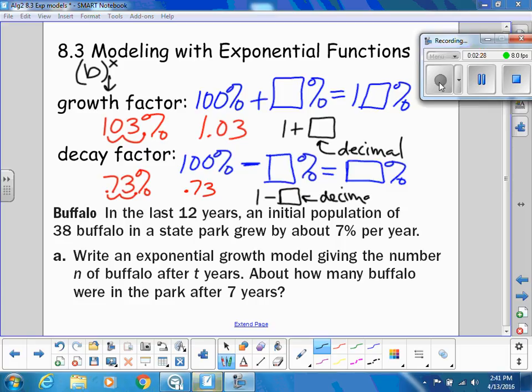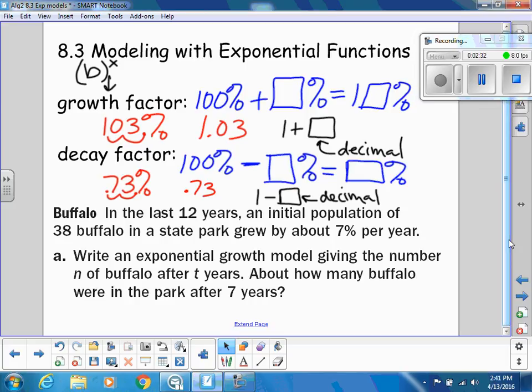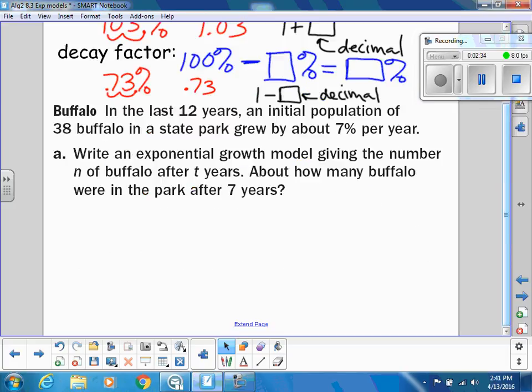So let me show you how that works, just so you can make sense of all of that. In the last 12 years, an initial population of 38 buffalo, that's our original amount. Remember, that's our A value. In a state park, it grew by 7% each year.